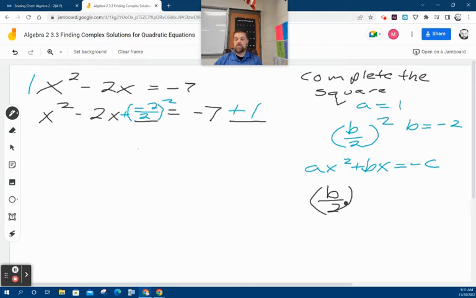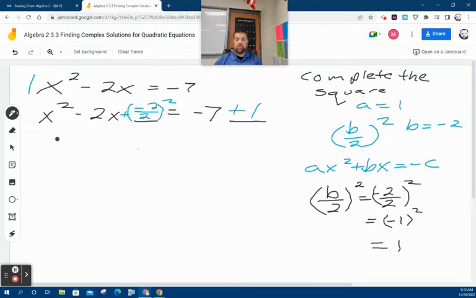B over 2 squared is equal to -2 over 2, which is equal to -1. And so -1 times -1 is +1.